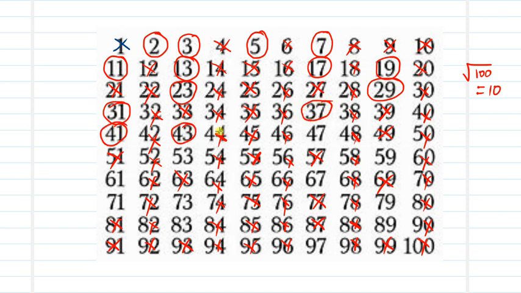The numbers that I am circling give you these prime numbers. The next prime number is 61, then we have 67, 71, 73, 79, 83, 89, and 97. So let us count the numbers which are circled. There will be exactly 25.